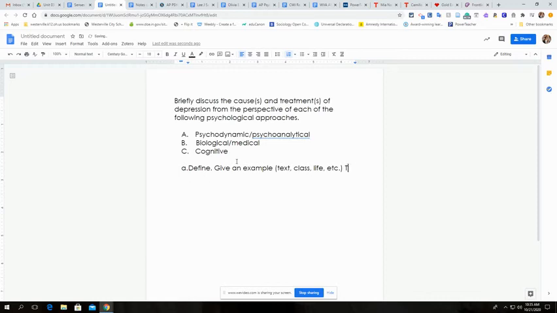Then, sorry, I was typing what I was saying. Then we're going to apply it to the question. This being, okay, they're asking you to discuss the causes and treatments, right? So two things being asked of each one of these. So you're going to have to say this is the causes of depression from this perspective, and these are some of the treatments from this perspective.